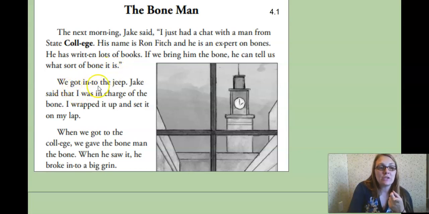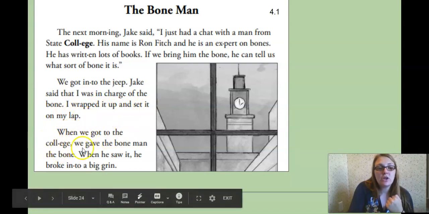We got into the Jeep. Jake said that I was in charge of the bone. I wrapped it up and set it on my lap. When we got to the college, we gave the Bone Man the bone. When he saw it, he broke into a big grin.